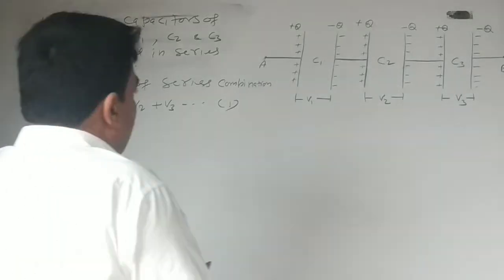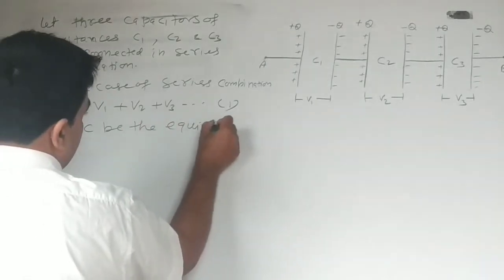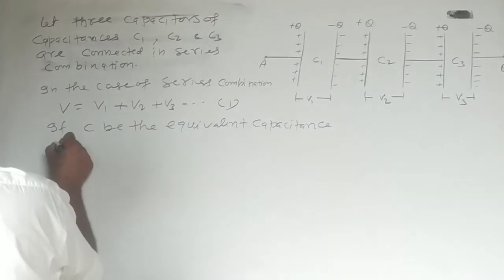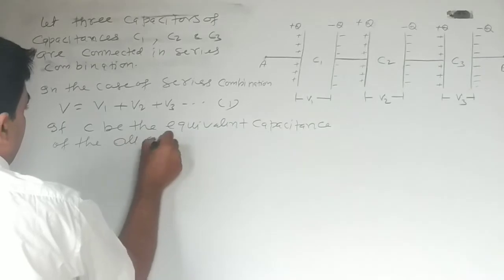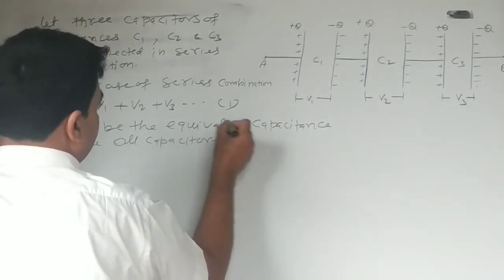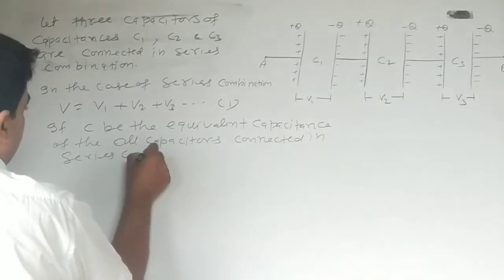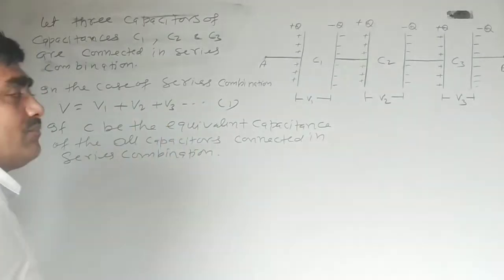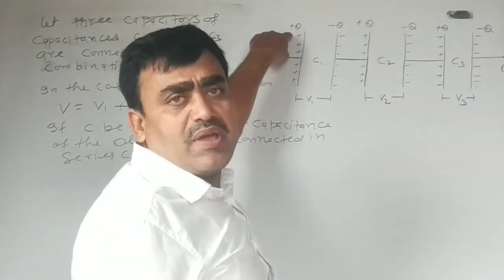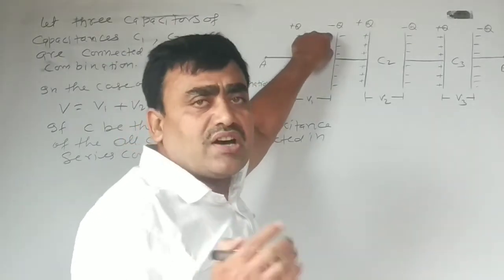If C be the equivalent capacitance of all capacitors connected in series combination, then plus Q charge is given to the first plate of each capacitor, and hence minus Q charge is induced on its other plate.